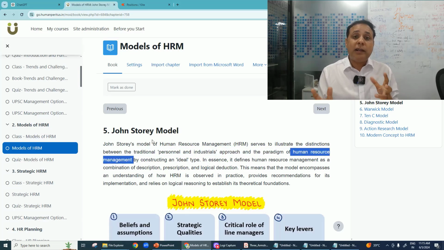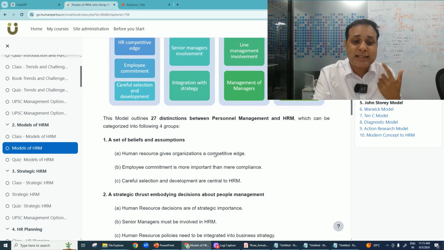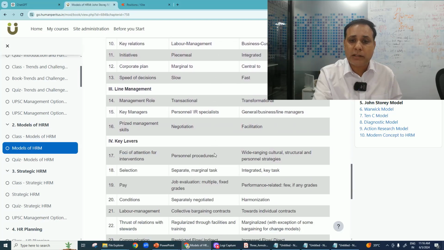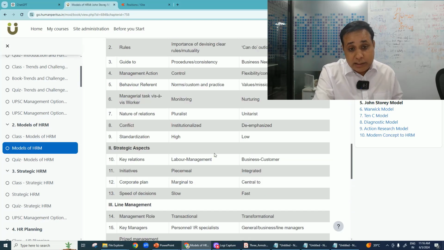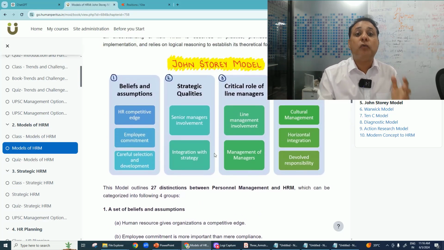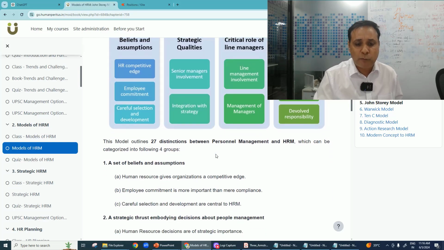Now to create this difference, he gave us 27 parameters. These 27 parameters can be broadly divided into 4 categories. Number 1, beliefs and assumptions. What are beliefs and assumptions?